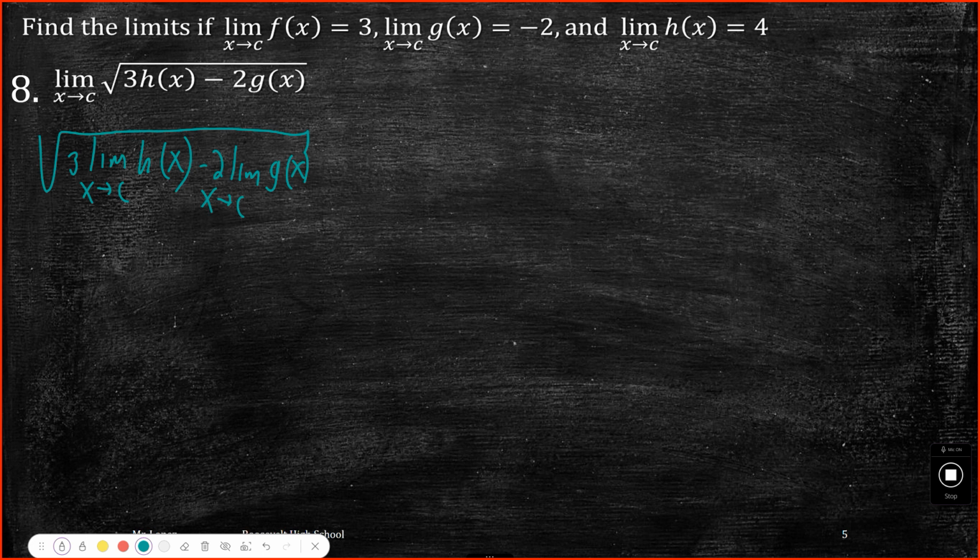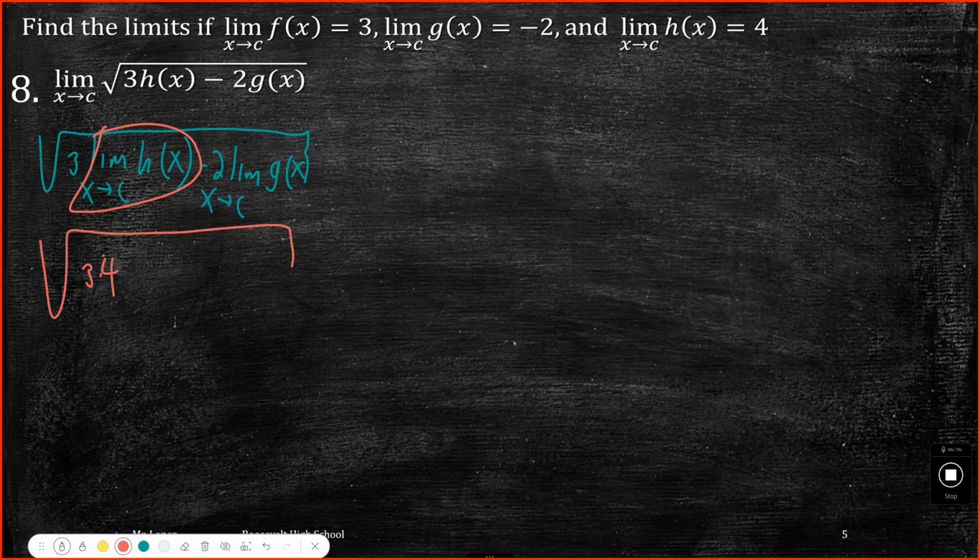Okay, so then 3 times, what's the limit as x approaches c of h of x? Come on, what is it? 4, yes? The limit as x approaches c of h of x is 4.